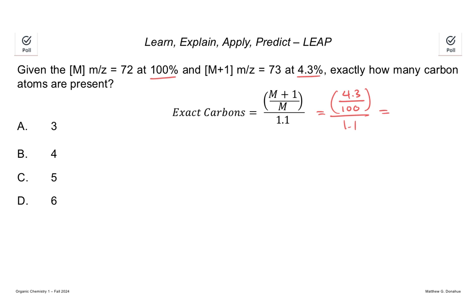So if we take 4.3, divide by 100, divide that by 1.1, it gets you 3.909, which we're just going to call 4. So C and D are too high, and then 3.9 is closer to 4 than it is to 3.